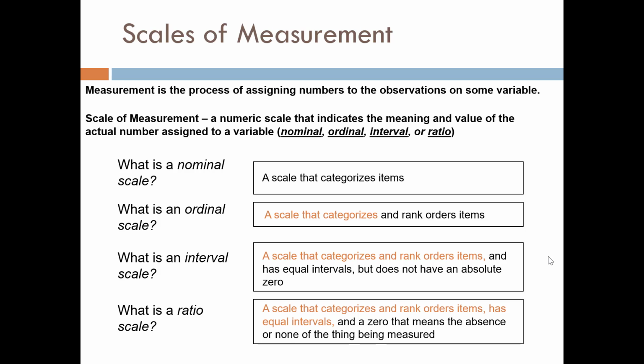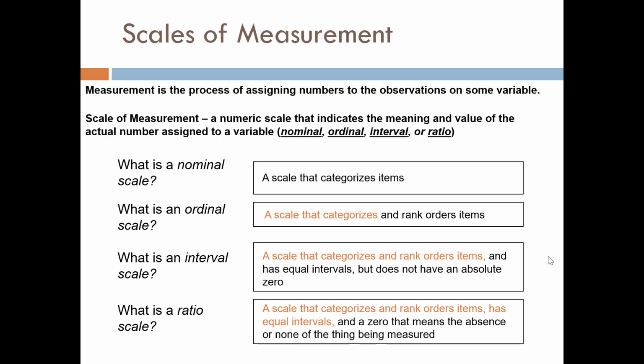The ordinal scale takes it one step further by not only categorizing an item, but the category is presented in a rank order format. For example, there is a clear first, second, third, and so on choice. Building upon this, the interval scale has equal intervals between items but does not have an absolute zero.